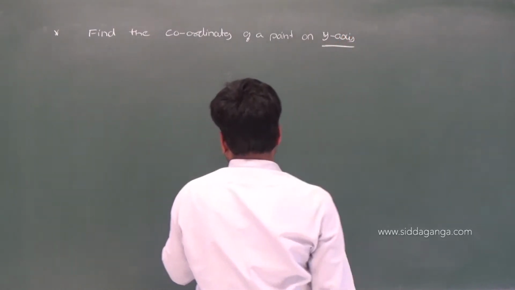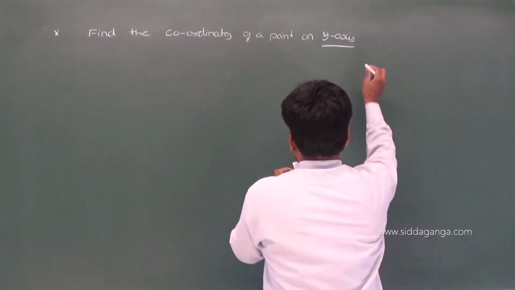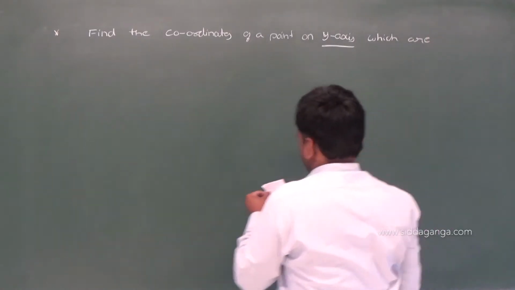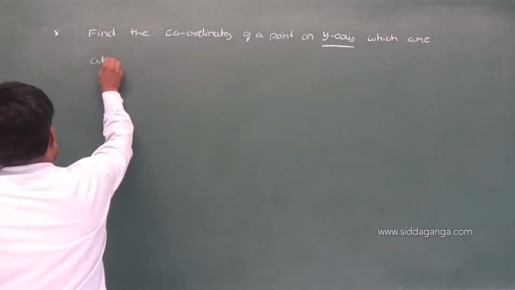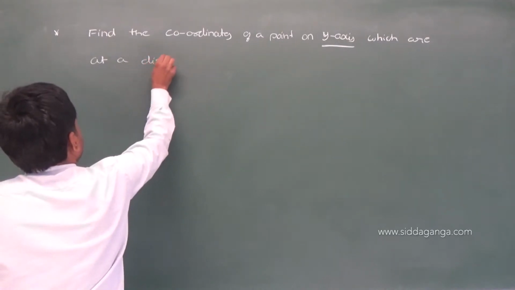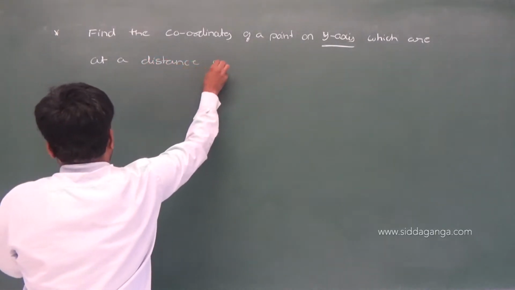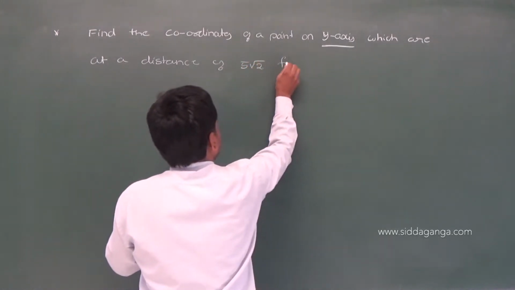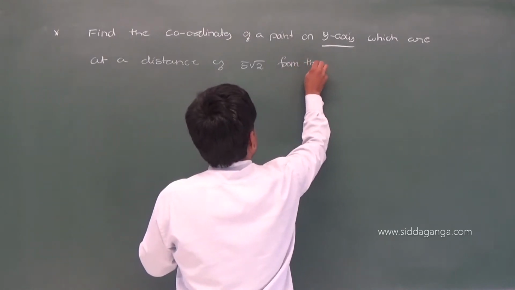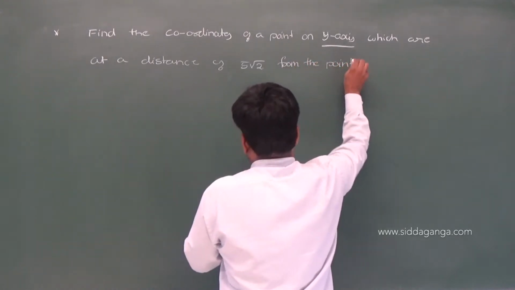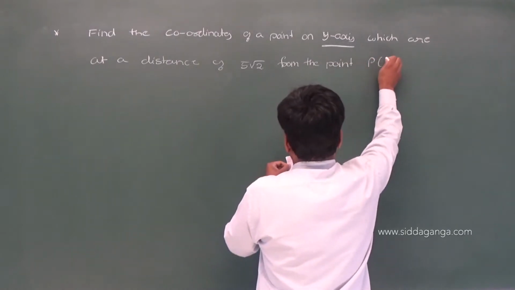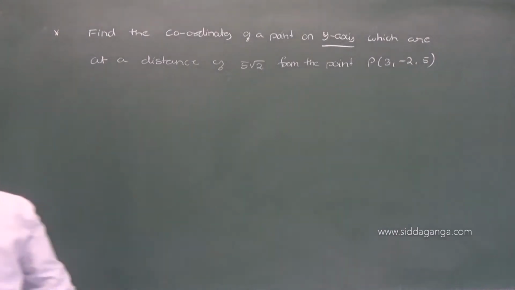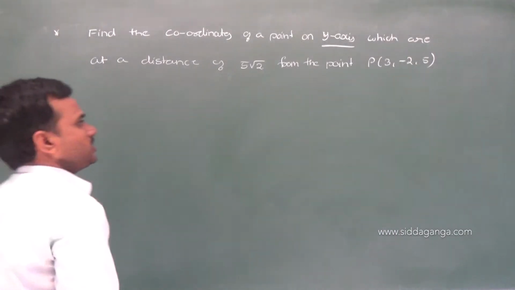Find the coordinates of a point on y-axis which are at a distance of 5 root 2 from the point P of 3, minus 2, 5. From the point P of 3, minus 2, 5.